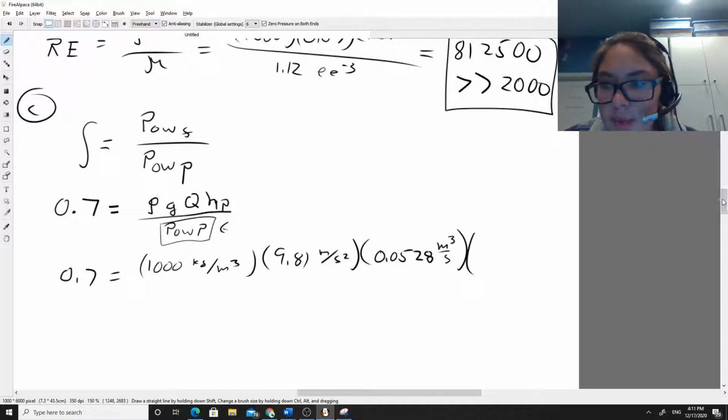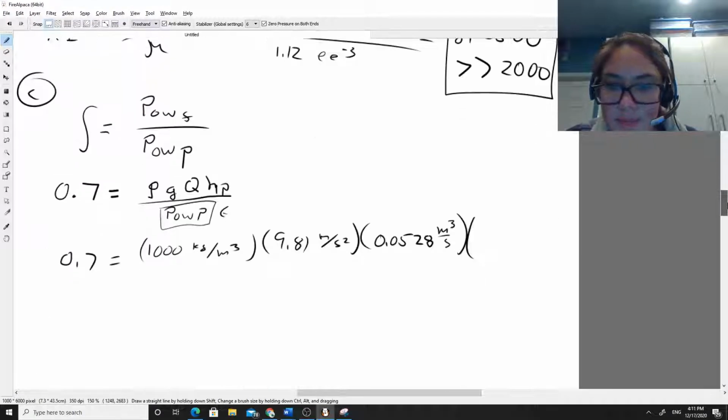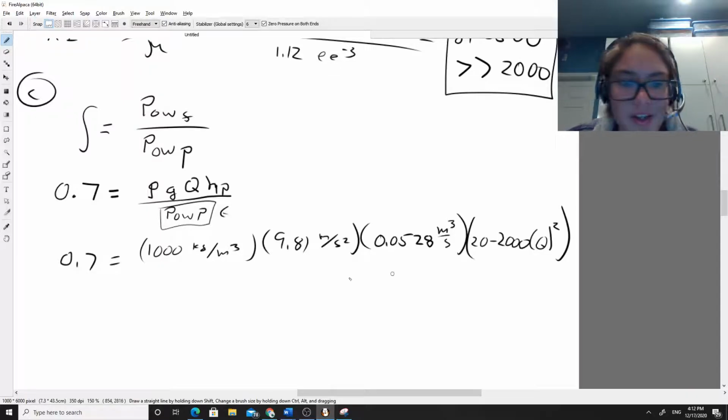Multiplied times the head of the pump, which again is just given to us by the equation 20 minus 2,000 q squared. And that's the top of our equation.